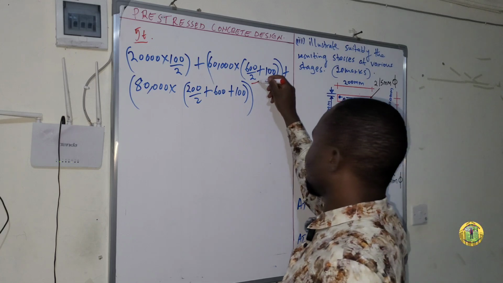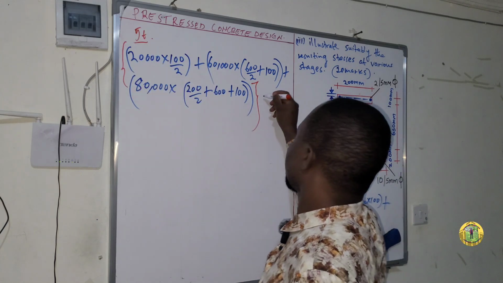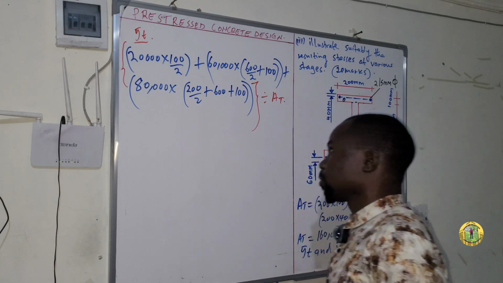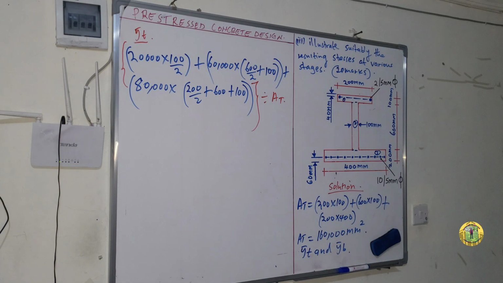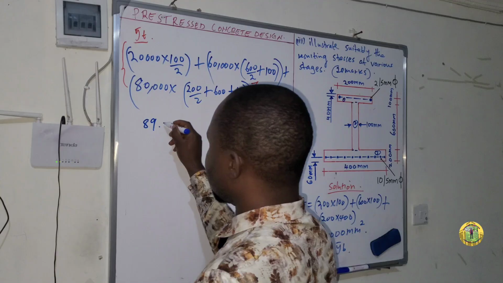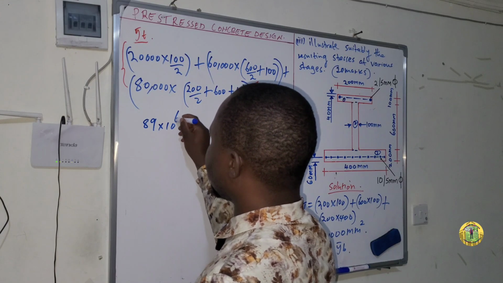Then we will divide everything. This is the larger bracket. You will divide everything by area total. So let's carry out the operation. The answer is 89 times 10 to the power of 6.